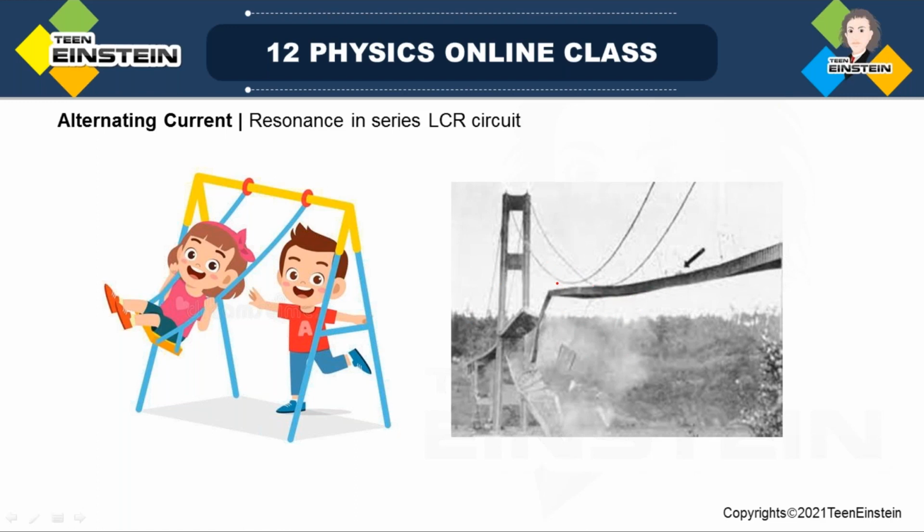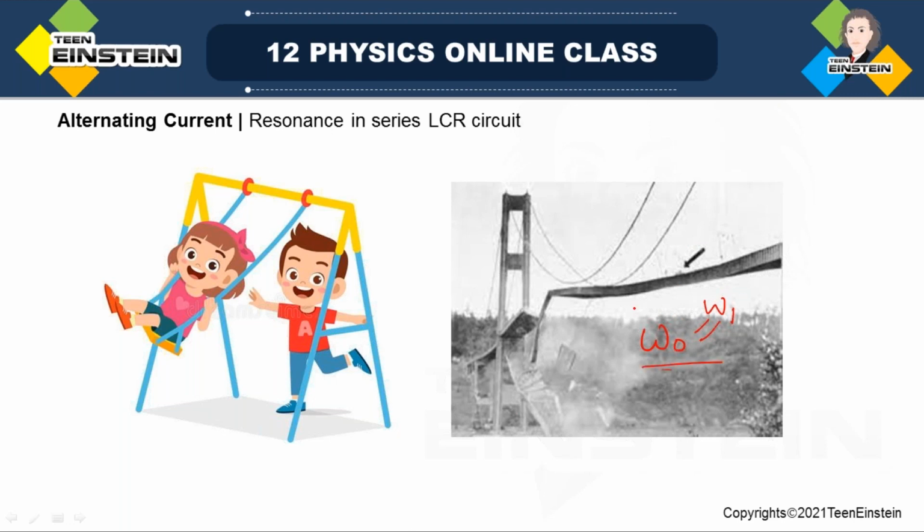If a train is moving with very high speed, the bridge has a natural frequency of oscillation, omega 0, and the speed is such that it gives another force of oscillation to the bridge, with some frequency omega 1, which can sometimes be nearly equal to omega 0.